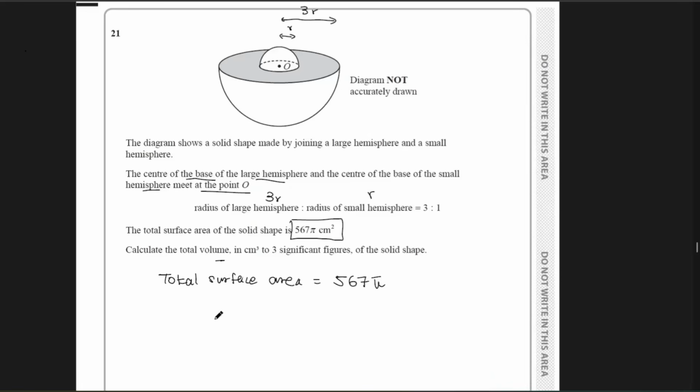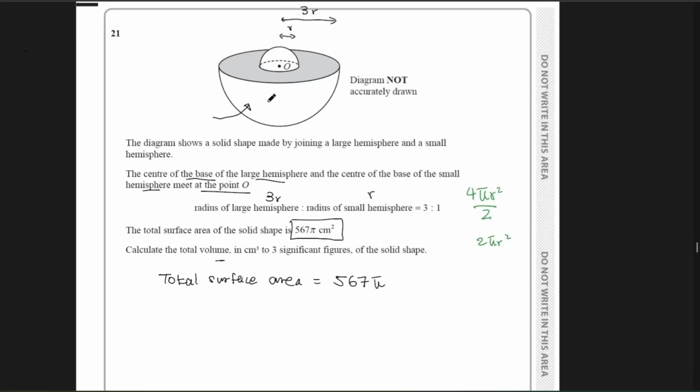Let's think about what forms total surface area. So it has the curved surface area of the bigger hemisphere. Surface area of a sphere is 4 pi r squared. So the curved surface area of a hemisphere would be half of this. It'll be 4 pi r squared over 2, meaning it'll be 2 pi r squared.